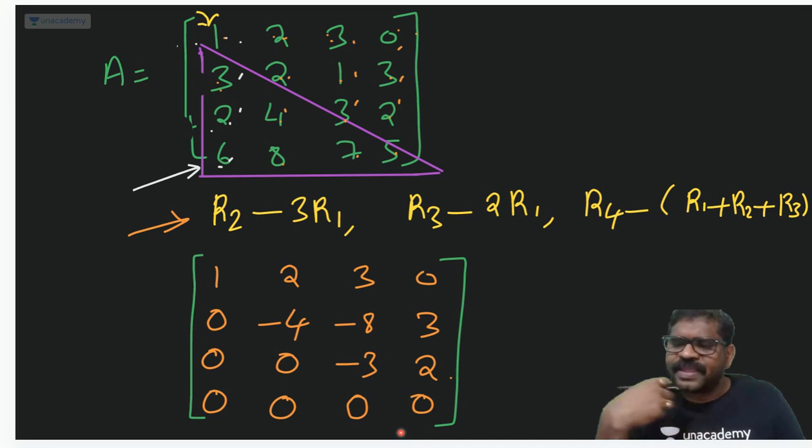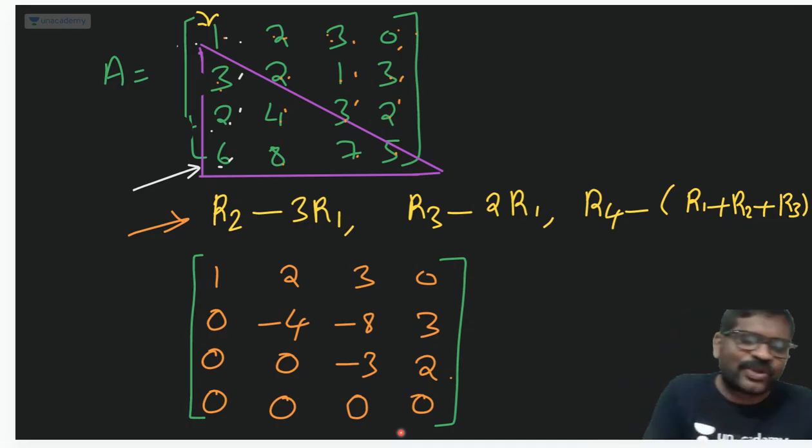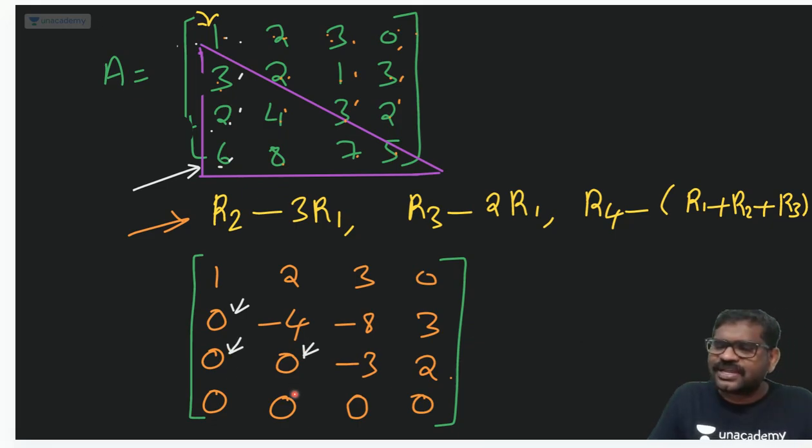Okay. Now look at the resultant matrix. First row, no 0. Second row, 1 zero. Third row, 2 zeros. Are the numbers of zeros before the non-zero element in increasing order or not?